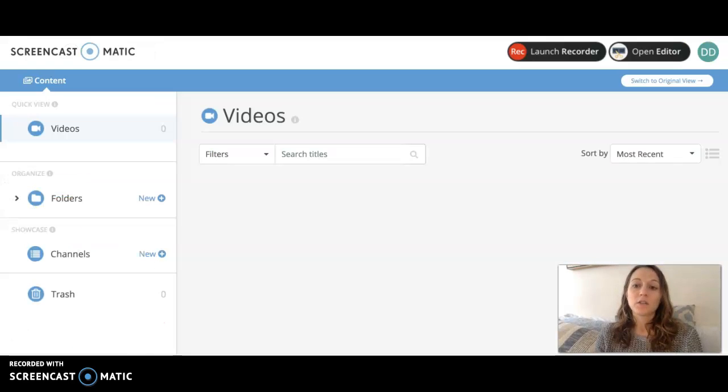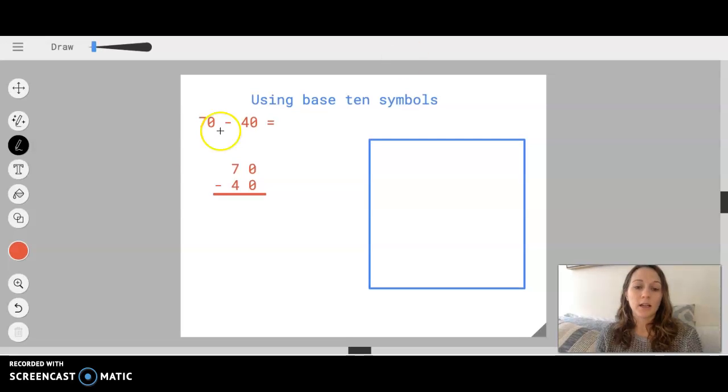All right, so we've been talking a lot about subtracting, and we've been doing it going from side to side. We are now going to subtract going up and down. That way we can line up the ones in the ones place and the tens in the tens place.